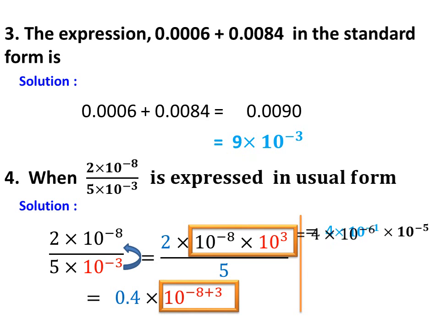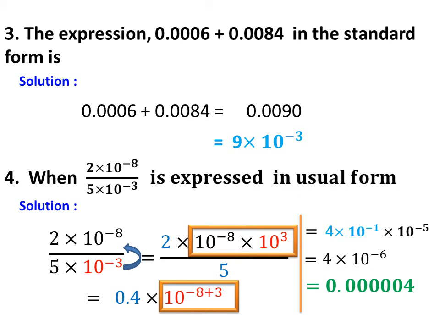So our answer will be 4 into 10 to the power minus 6. How do we get minus 6? When you add minus 1 and minus 5 from the previous step, which are the powers of base 10. So our answer will be 4 into 10 to the power minus 6.